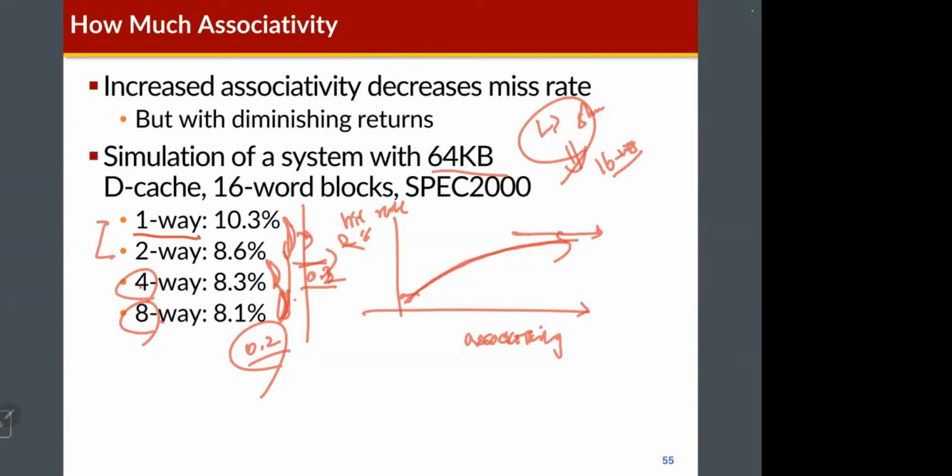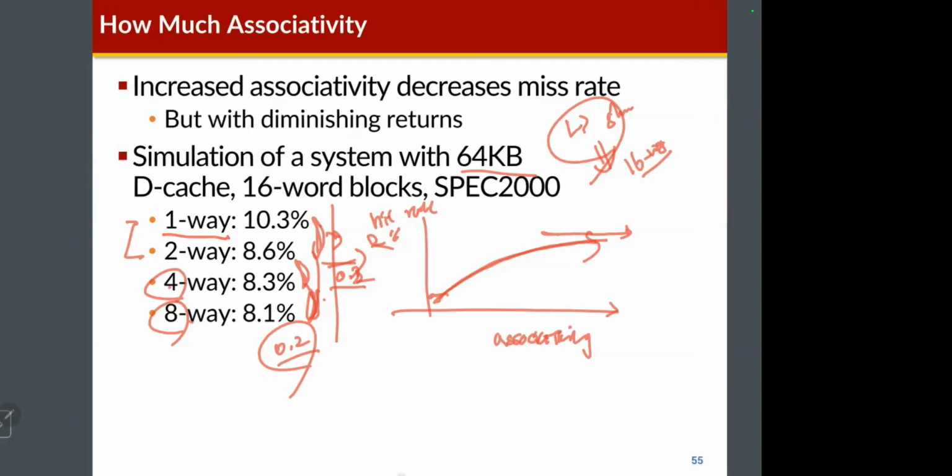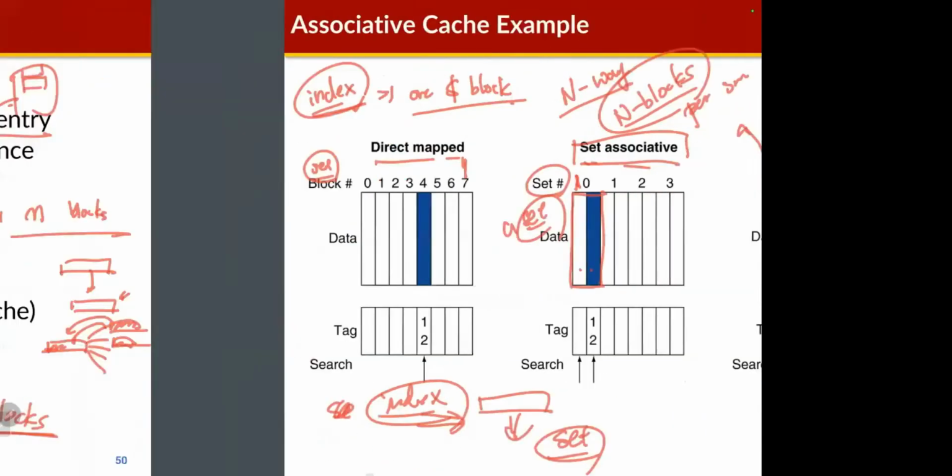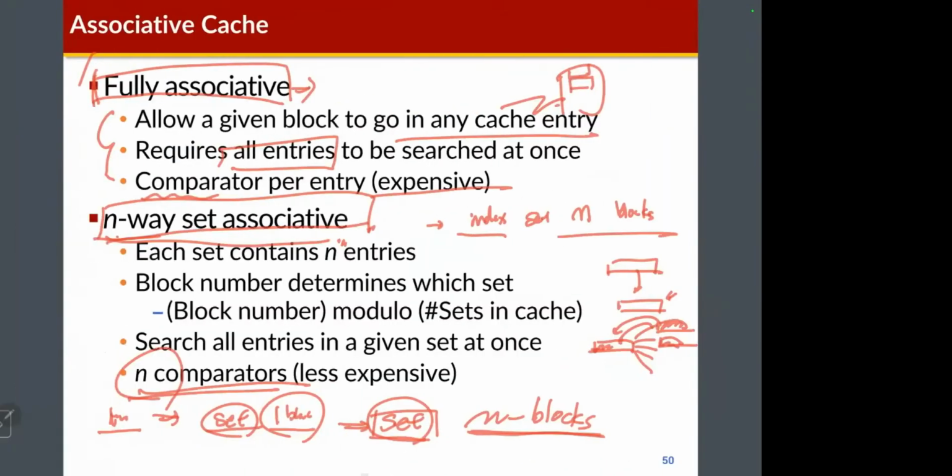It is because the hardware resources of the cache, which means the cache blocks, are not efficiently used with the direct mapped cache. So the possible solution for this disadvantage of the direct mapped cache is to use associative cache.